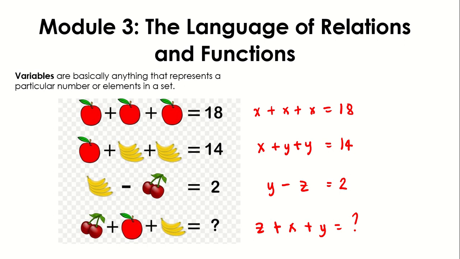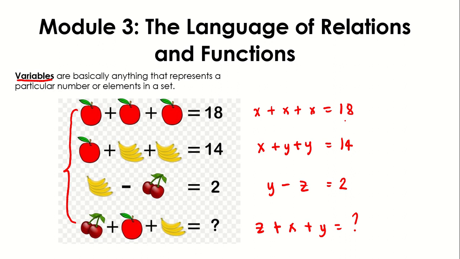These two problems are the same. However, it's more fun for us to answer such problems with a representation of bananas, apples, and cherries. But mathematically speaking, we are representing the problem with variables. So we could represent apples as x, bananas as y, cherries as z.